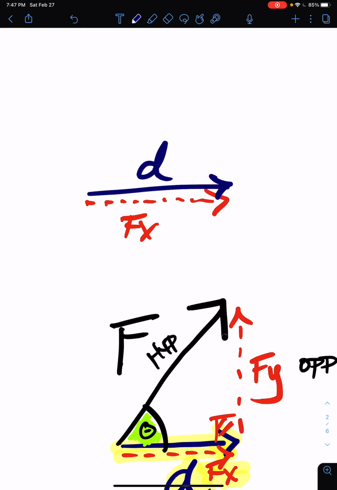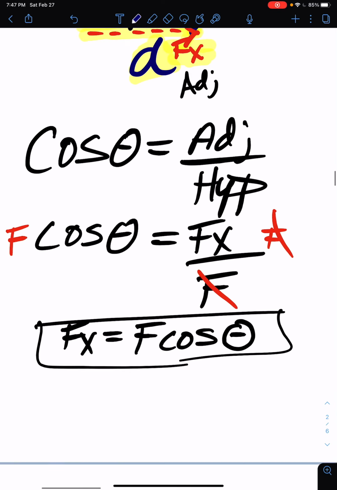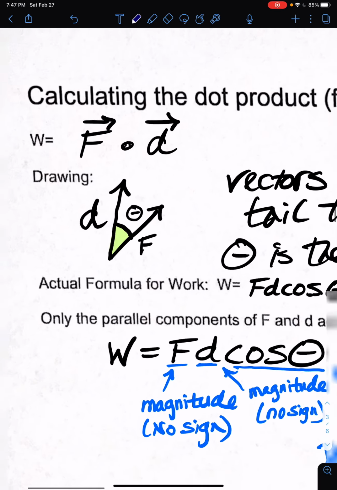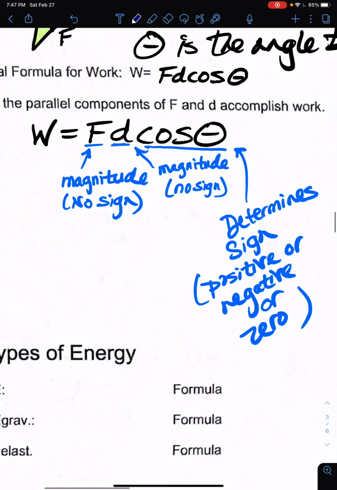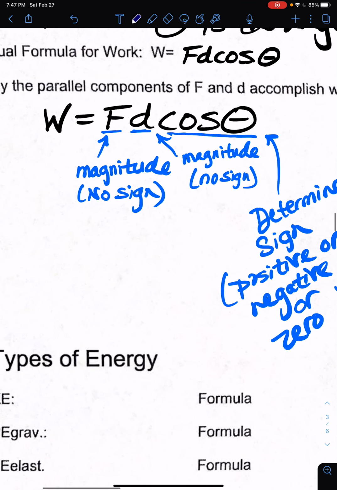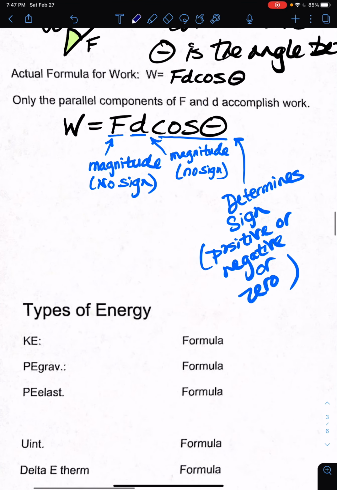So our formula that uses an angle and uses cosine is trying to get at the component of the force that is parallel to the distance. That's what you're trying to do. So that formula is helping you find the parallel component. And so what I wrote here is only the parallel components of F and D accomplish work.